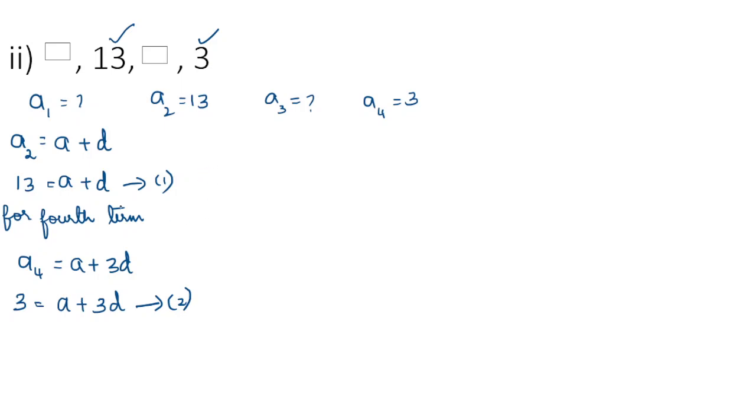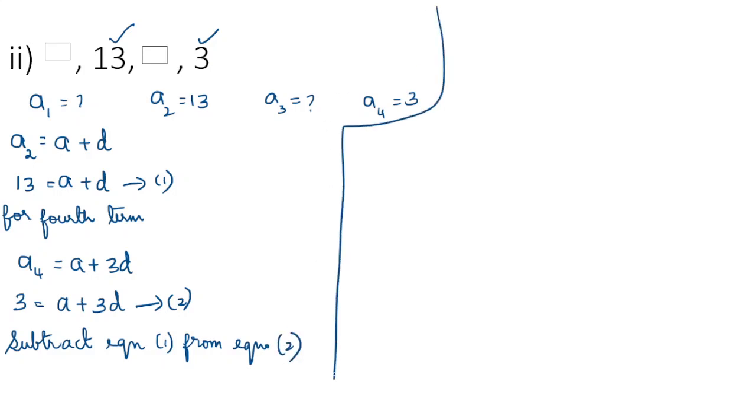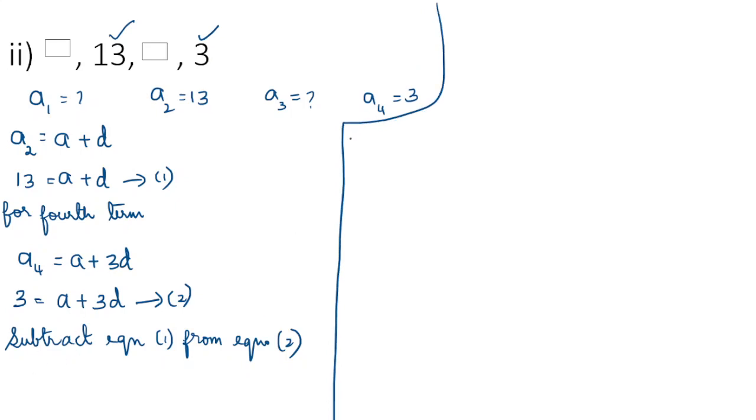Now what do we have to do? We can subtract equation 1 from equation 2. So equation 2 first: A4, 3 is equal to A plus 3D, and we are subtracting equation 1, 13 is equal to A plus D. Whenever we subtract, the sign changes.